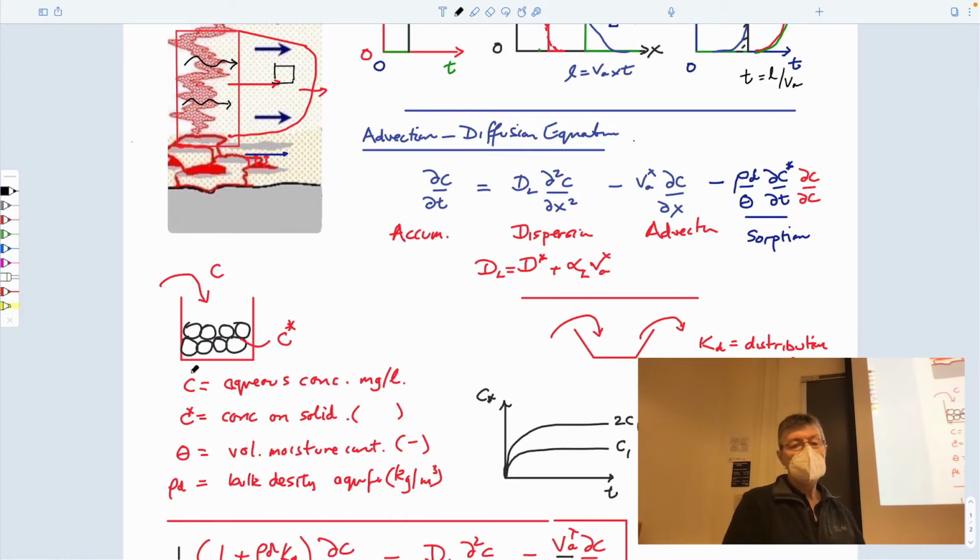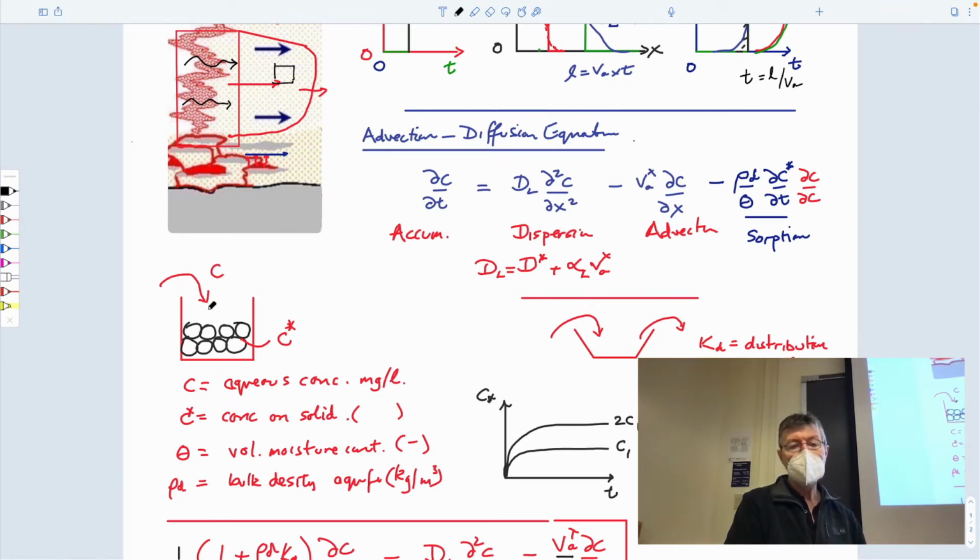And so an understanding of sorption would be if you took a beaker, and in that beaker you filled it up with your aquifer, and you put into your aquifer the fluid that's coming through here at some concentration of the aqueous phase. So maybe it's 1 milligram per liter, 1 part per million.